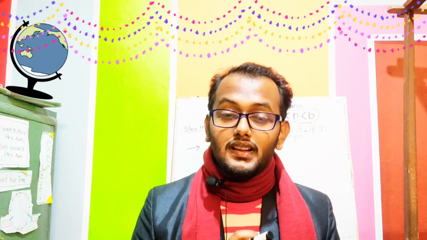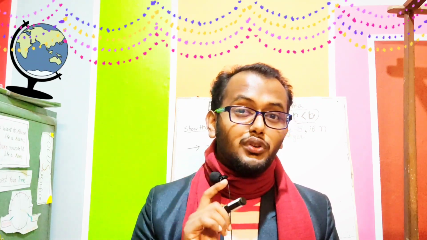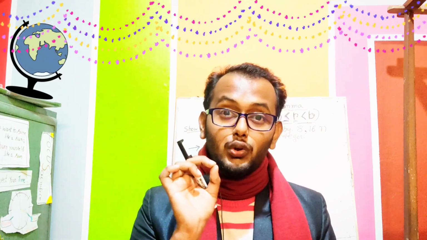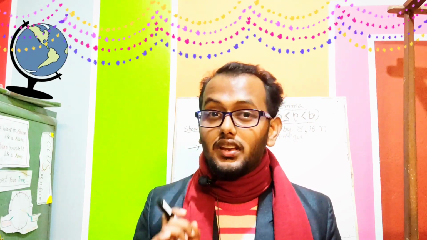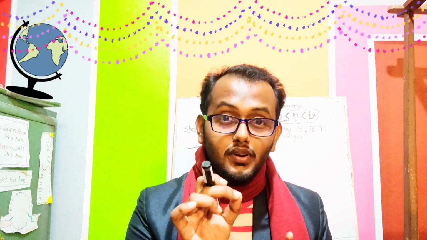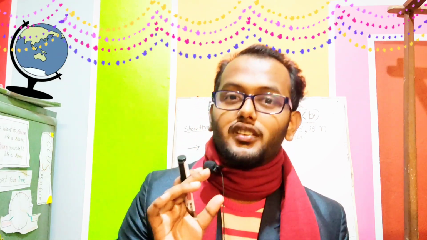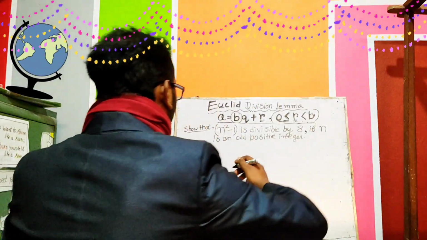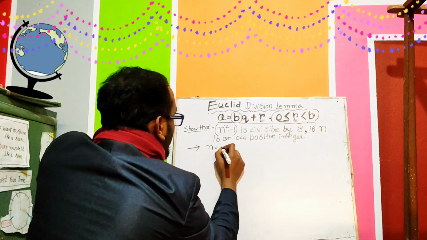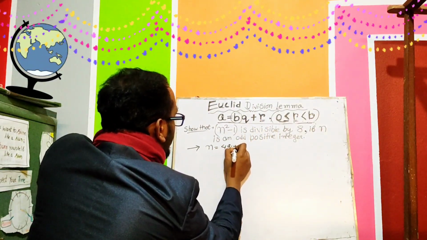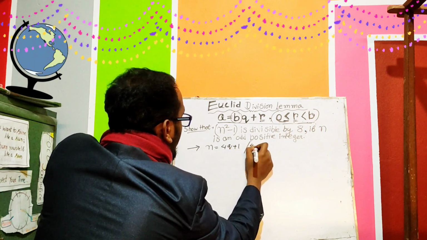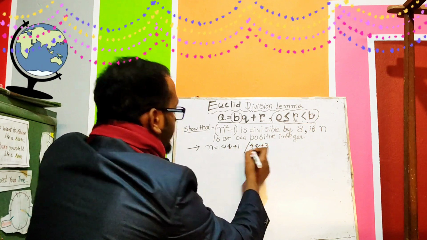That means it is odd. Similarly, 4q plus 2 is even, and 4q plus 3 is again odd. So we will work with n equal to 4q plus 1 and 4q plus 3.